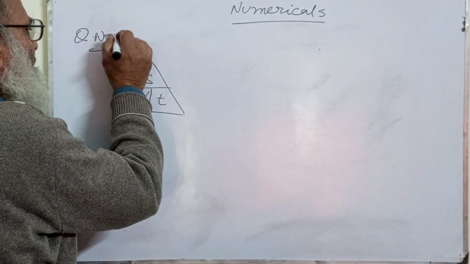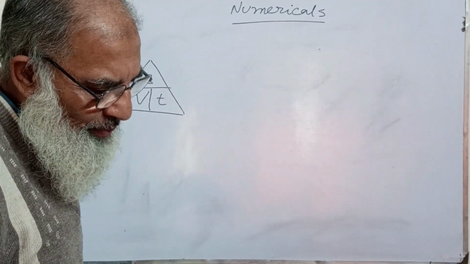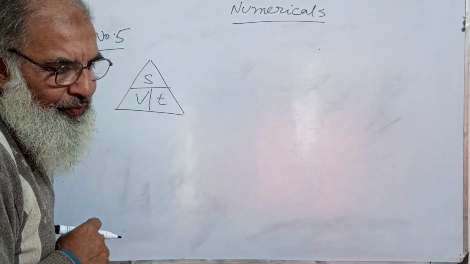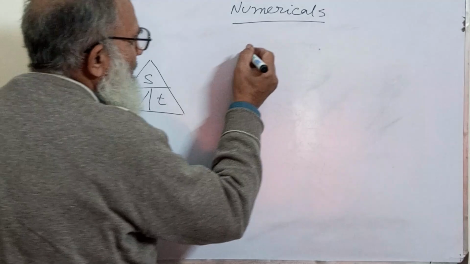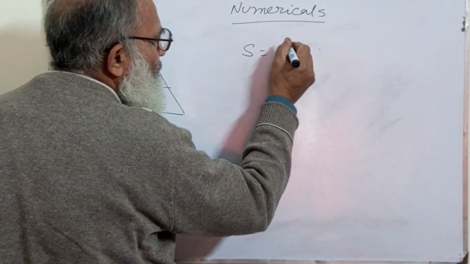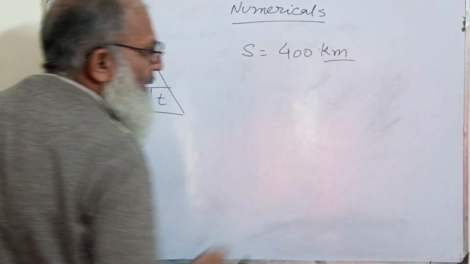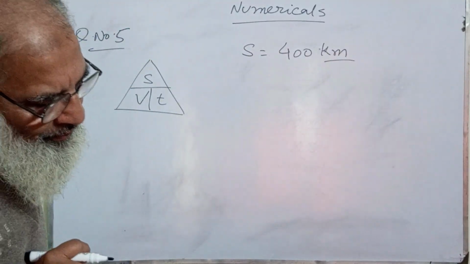In question number 5 there is a little trick they have played for us. A car travels 400 kilometers. What is S? It is the distance, 400 kilometers. You see it has come in kilometers and we have read in meters per second.